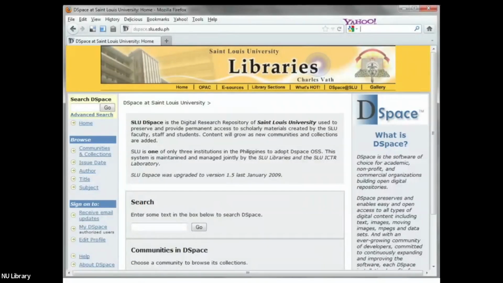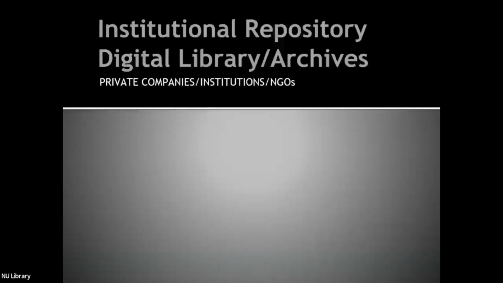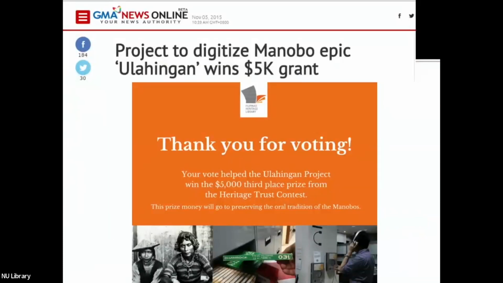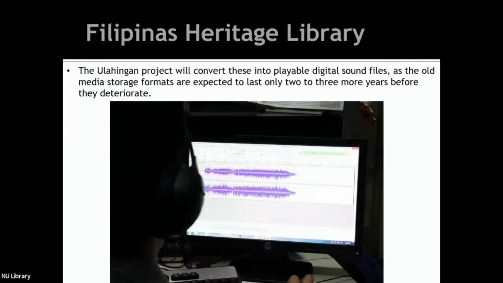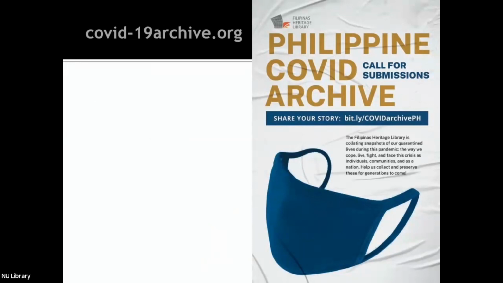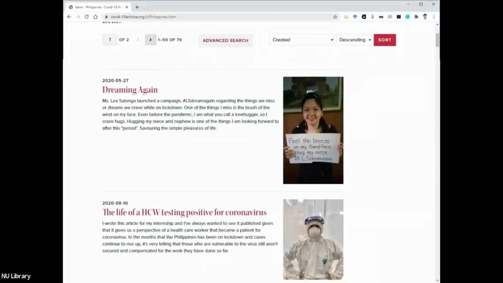And Saint Louis University is the pioneer university that used this space in the country. For the archives, we have audio reel tapes and cassette tapes of the Olahingan, an epic of the Manobo, an indigenous group in Mindanao. They got a grant from a Heritage Trust contest, and they were able to digitize the collection. Also, there's the Philippine COVID Archive that archives COVID stories.